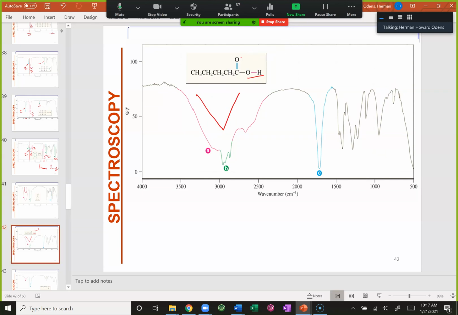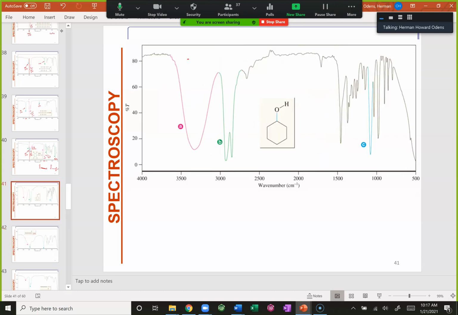So I'm going to delete this, but this is being recorded for you. So, all right, since I have nice soft round curves here, that means I'm dealing with an alcohol group. So this first signal will be from an OH group. And I have it right there. And I am in the hydrogen region still.